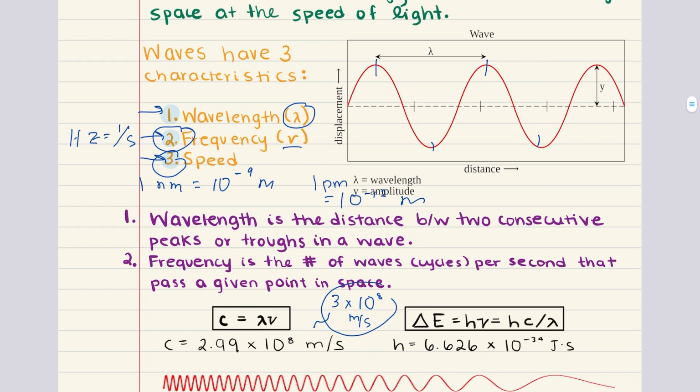We said this was approximately 3 times 10 to the 8 meters per second. This is a universal constant, but the relationship between wavelength and frequency determines the specific characteristics of a wave.